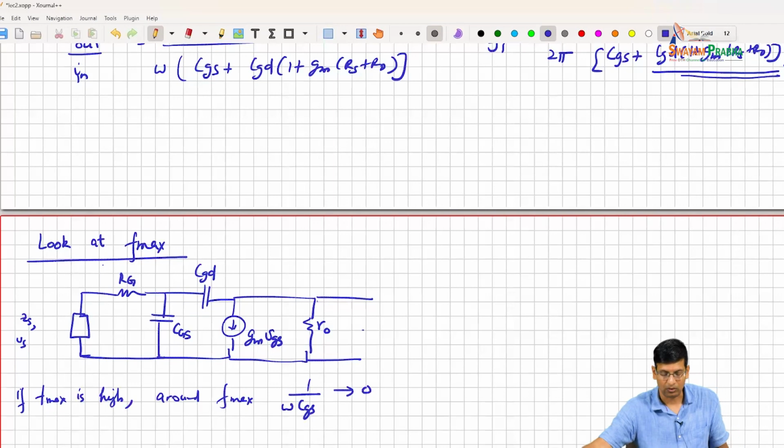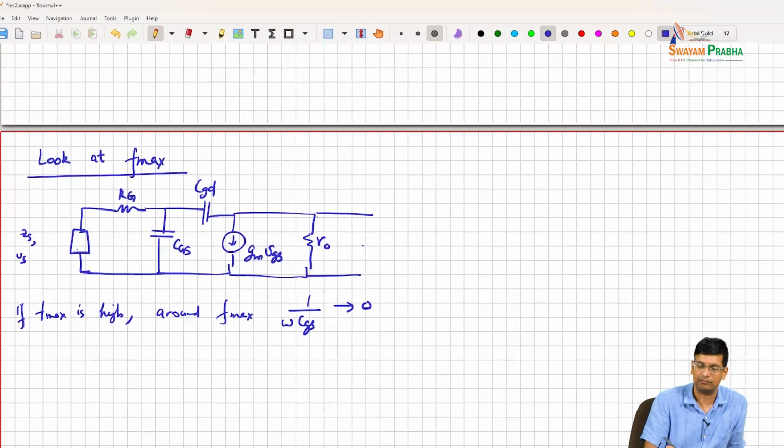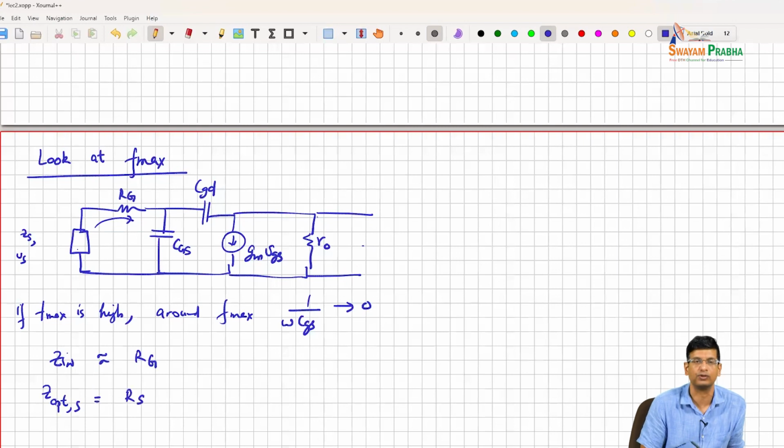So I basically can then just make a statement that my input impedance looking in, my Z in, is just going to be approximately RG. And if my Z in is approximately RG, that basically says that my Z opt of my source, or the Z max for my source, should also be RG. That should also be RG by conjugate matching.